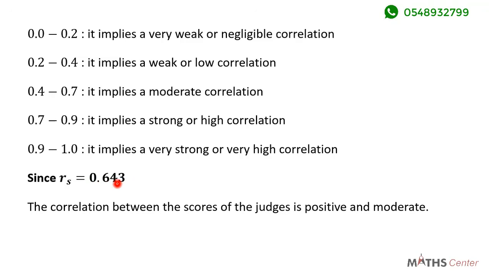It's a positive number, which means that this correlation is positive. And 0.643 falls within the range 0.4 to 0.7. So here we can say that the correlation is positive and moderate. So the correlation between the scores of the judges is positive and moderate.